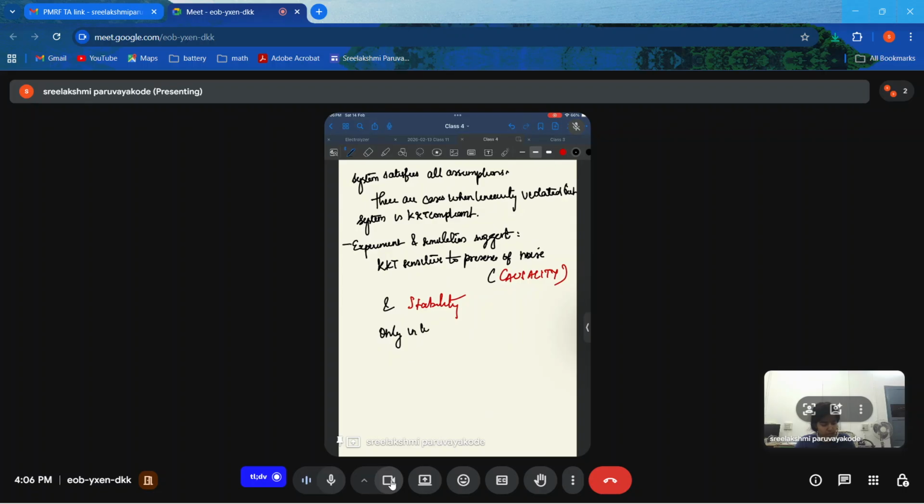Only in limited cases is it sensitive to nonlinear effects. The next problem is data not available over the entire frequency range.